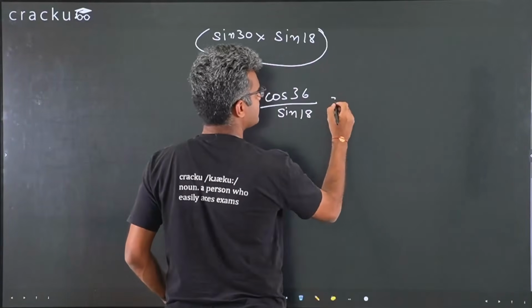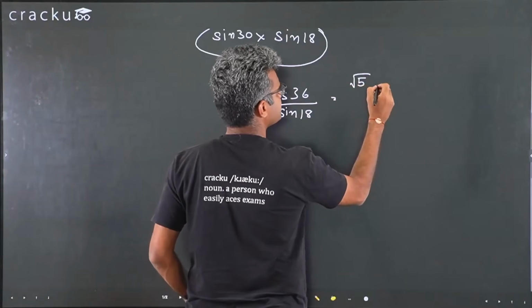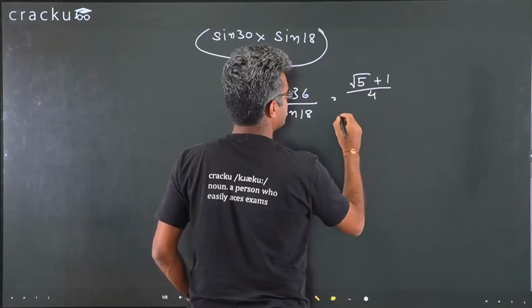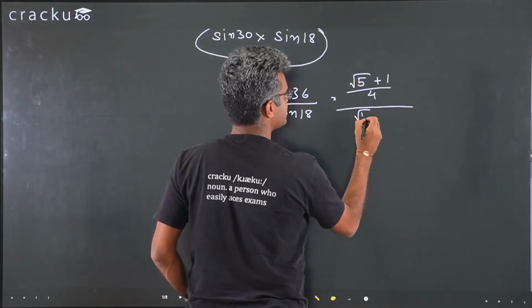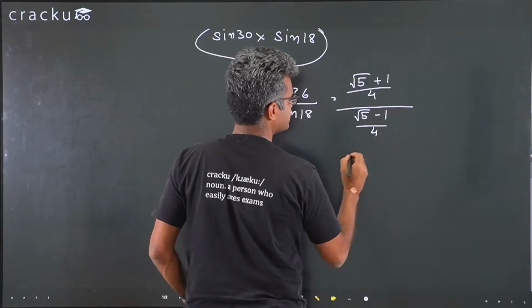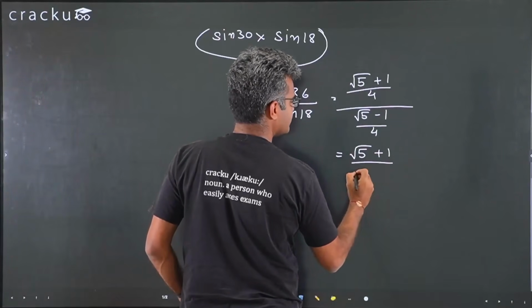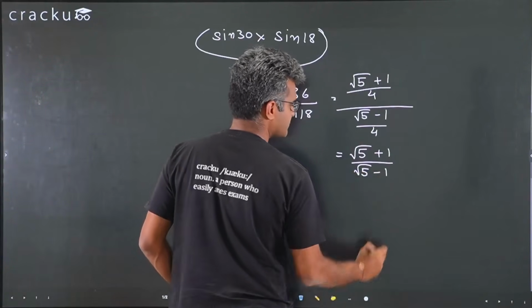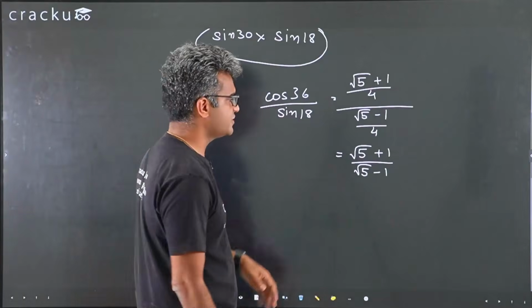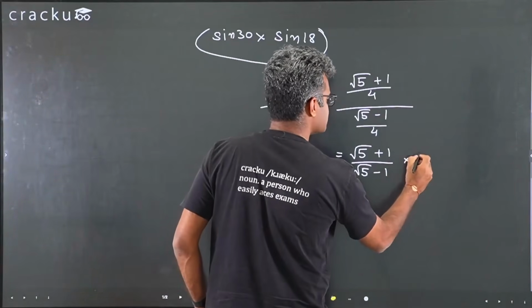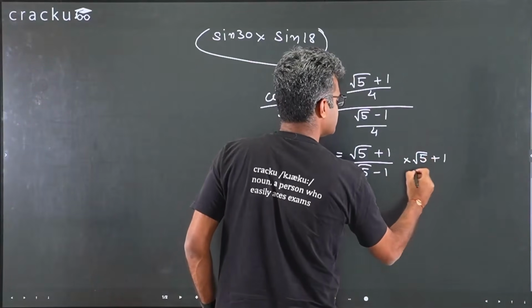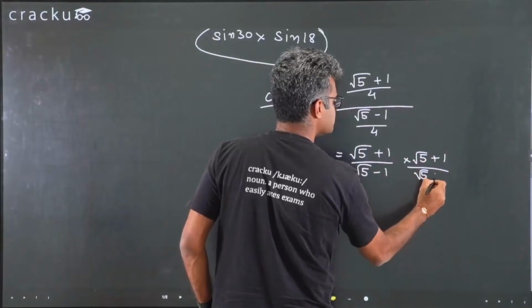Cos 36 is equal to (square root of 5 plus 1) by 4 and sin 18 is (square root of 5 minus 1) by 4. If you are simplifying it, this is of the form (square root of 5 plus 1) divided by (square root of 5 minus 1). We can multiply the numerator and denominator with (square root of 5 plus 1) divided by (square root of 5 plus 1).